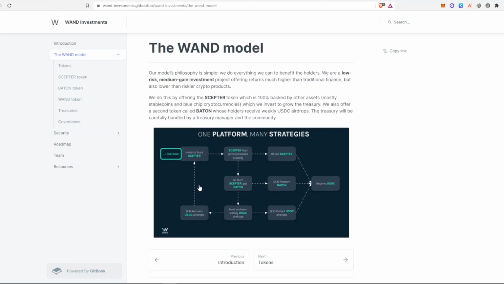One Investments basically have two main tokens within their ecosystem, Scepter and Baton. The way Scepter has an always increasing floor price is that it doesn't work like a normal token, where once you buy, 100% of that money goes into the market cap, and when you sell, 100% of that comes out. Basically there are price discrepancies between buying in and selling out. Think of it like a tax.